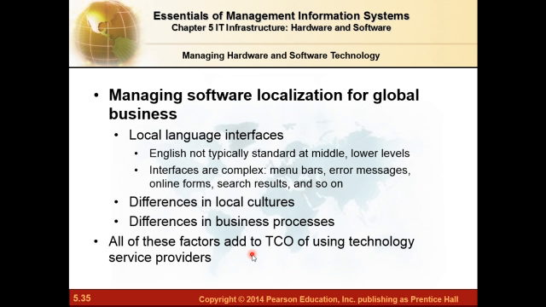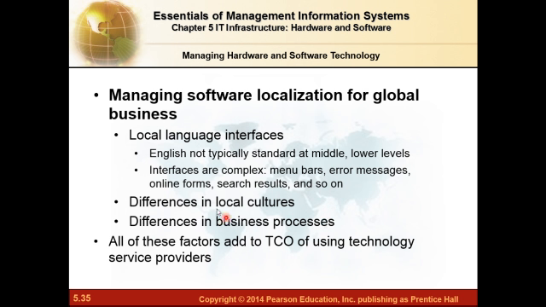And lastly, managing software localization for global business. You have your software, but you have to manage it for the global business. When you want to go global, you need to think about local language interfaces, because English is not typically standard at middle or lower levels, and interfaces are complex: menu bars, error messages, online forms, search results, and so on.